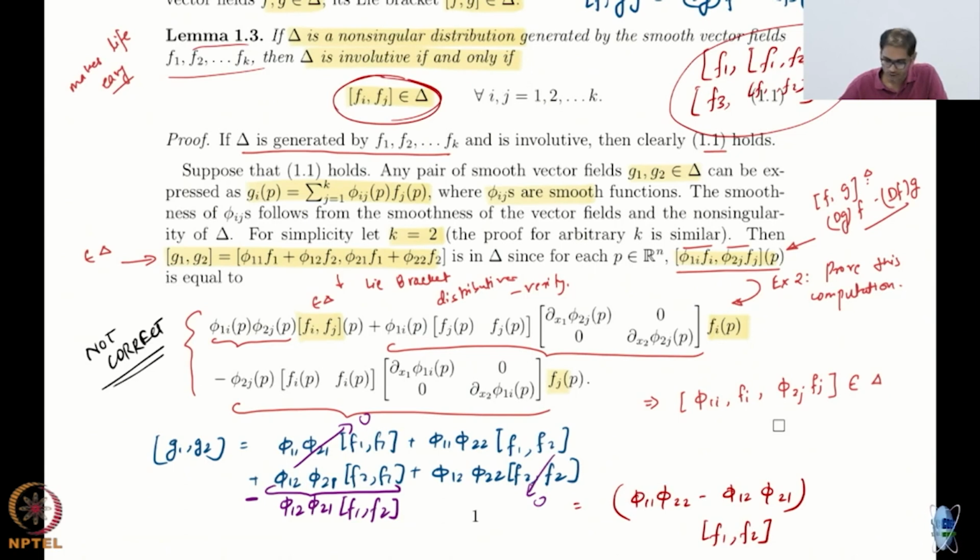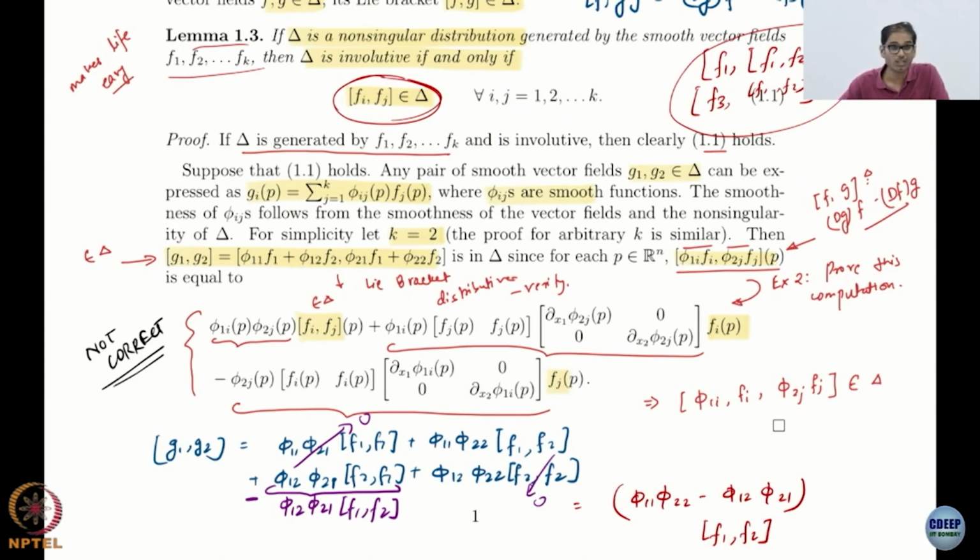But if I try to actually compute this by this formula, you can see I am starting to take partials of the phis. And here, this is poorly defined. So even writing like this is not okay.